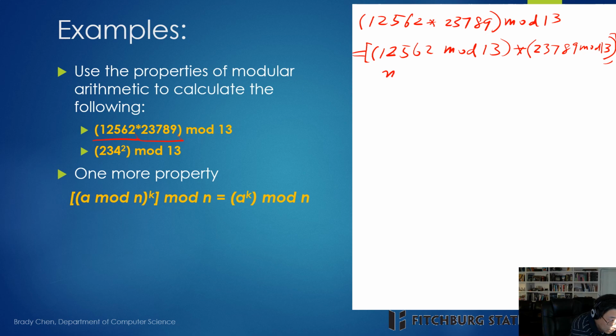And then the whole thing just mod 13. Now, what is the first one? To calculate 12,562 mod 13, we need to divide 12,562 by 13 and get the remainder, right? So we can do this.